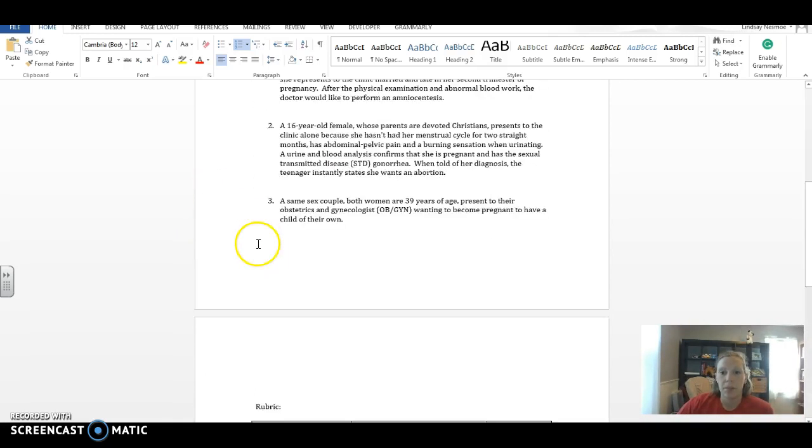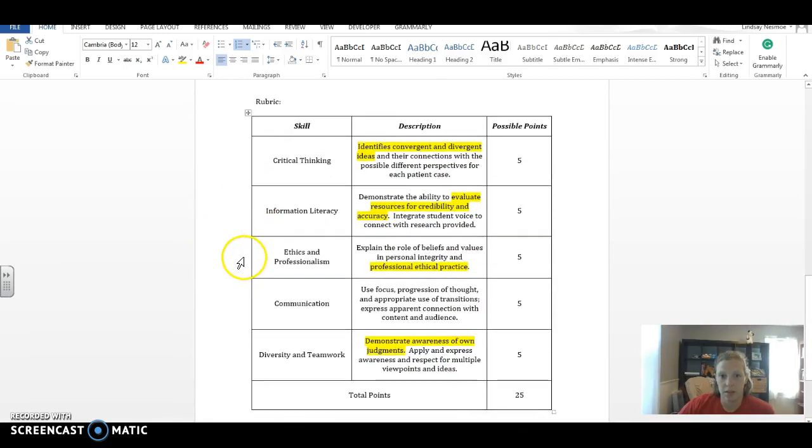There is a second page to this document that lists a rubric, and I highlighted a couple things here for you to think about as you complete this document. We are trying to use these case studies as a way to help you reflect a little bit more on your personal, professional skills and on those transferable skills that are sometimes considered soft skills.